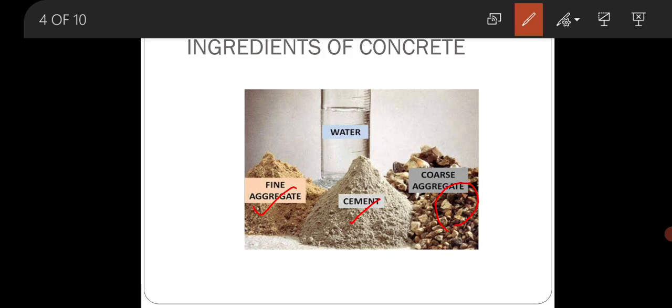And when this mixture is placed in forms and allowed to cure, it will form into a rock-like mass.